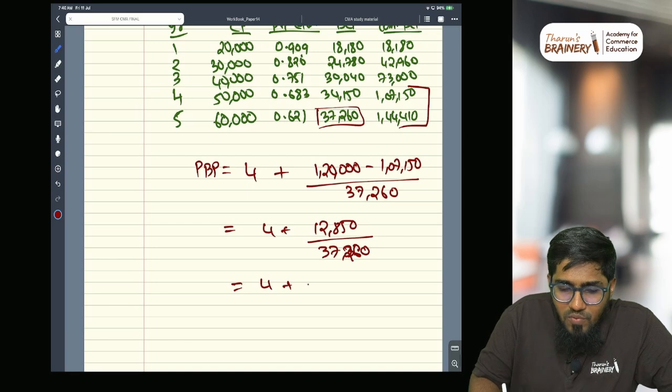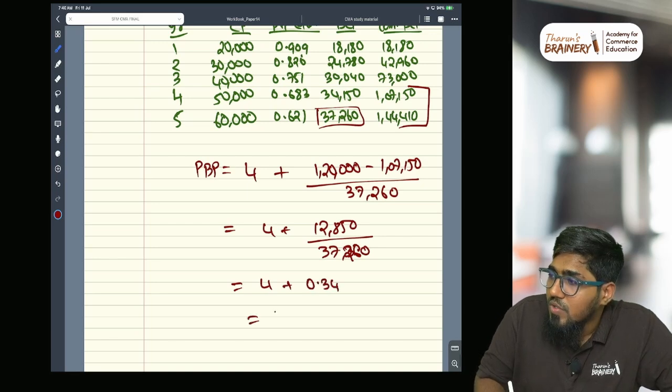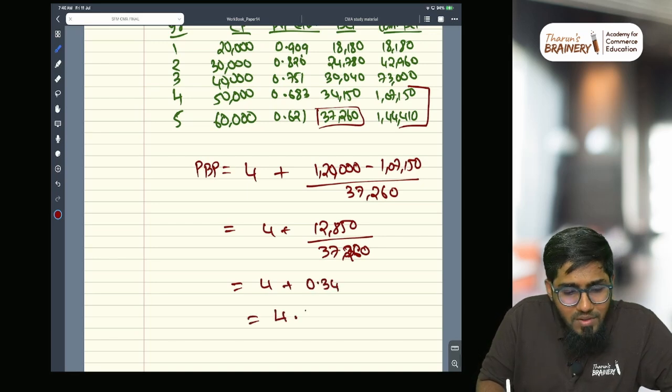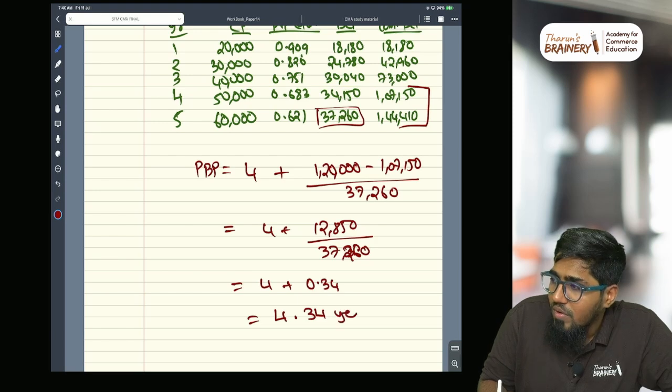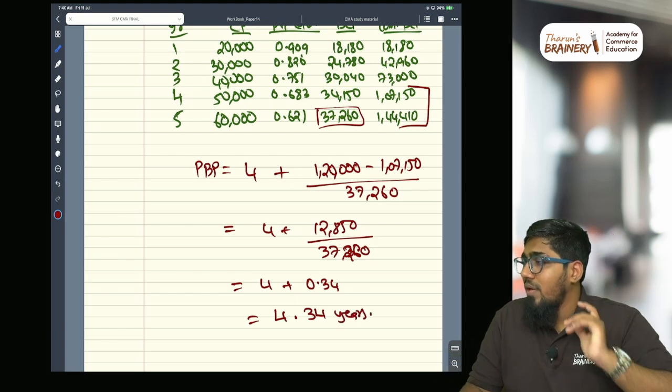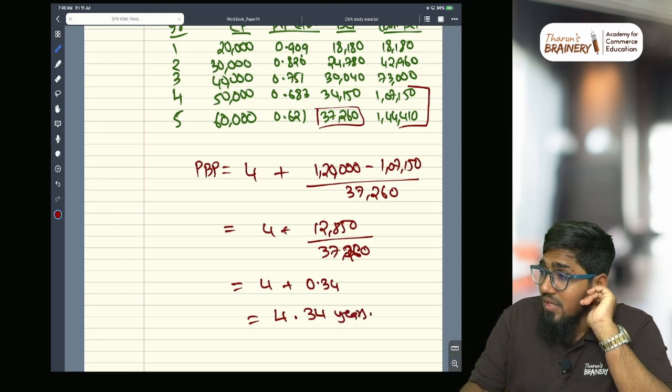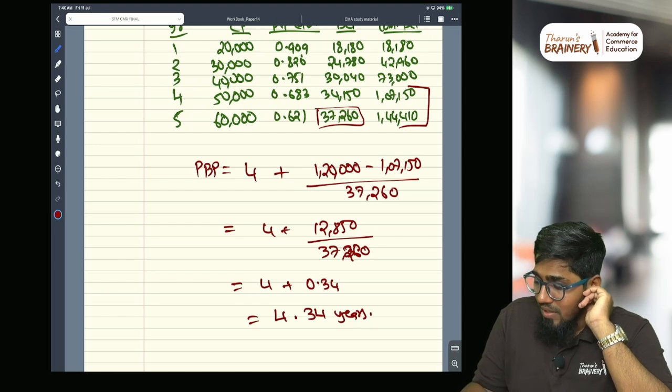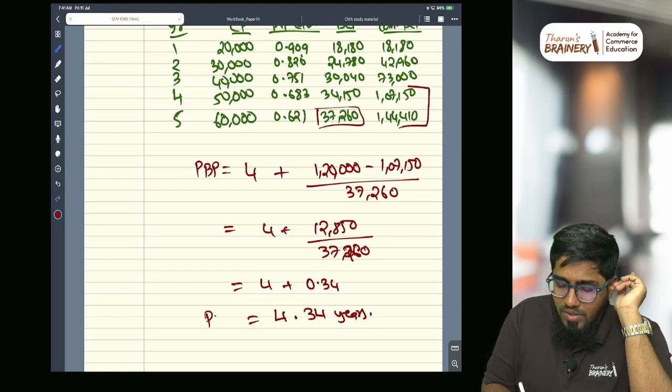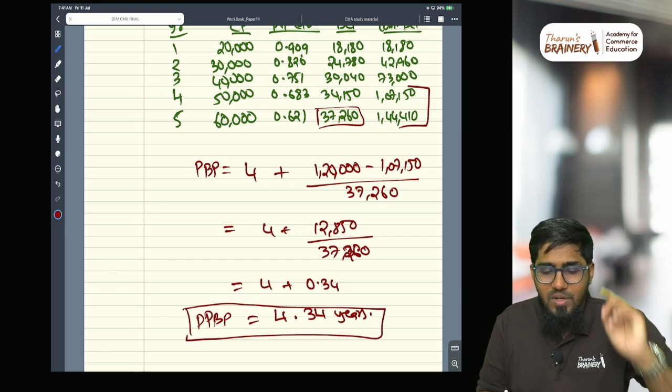So the answer is 4 plus 0.34, so it is 4.34 years. This is the discounted payback period, 4.34 years.